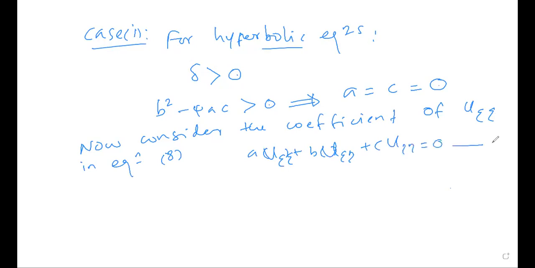This is our equation number 8, isn't it? So in this case, if you put a equal to 0, what will happen? So actually, what is small a? We have derived it from equation number 1 to 8.